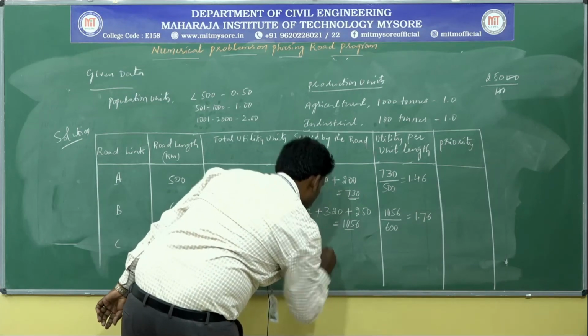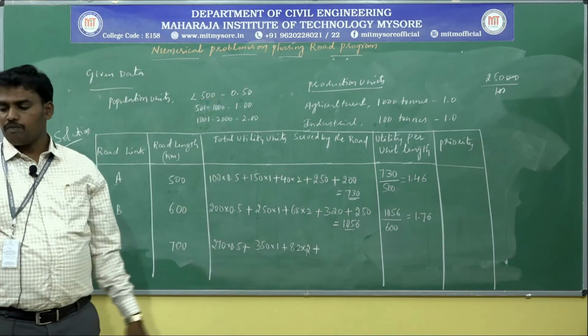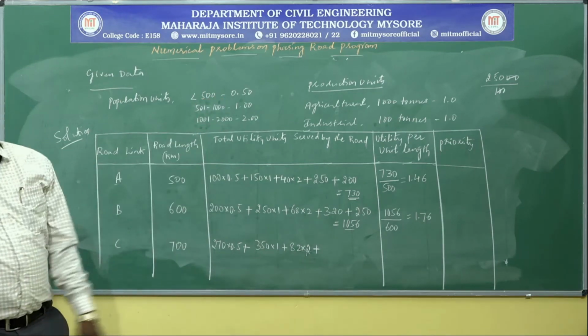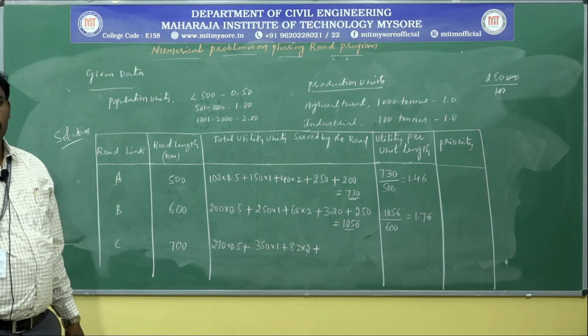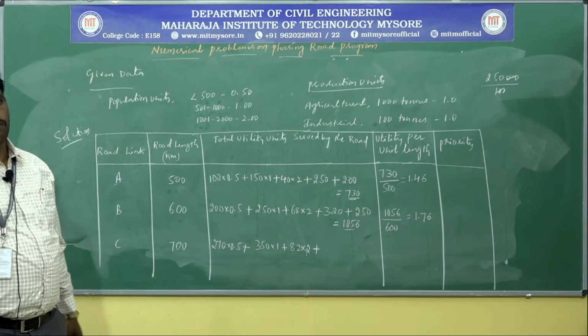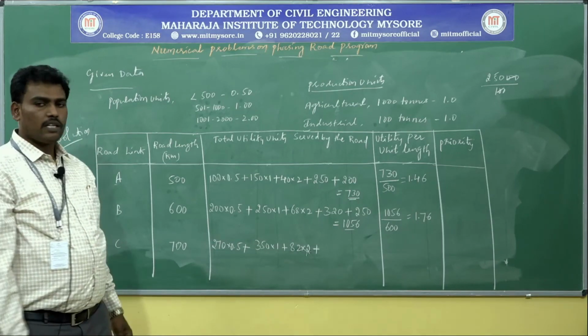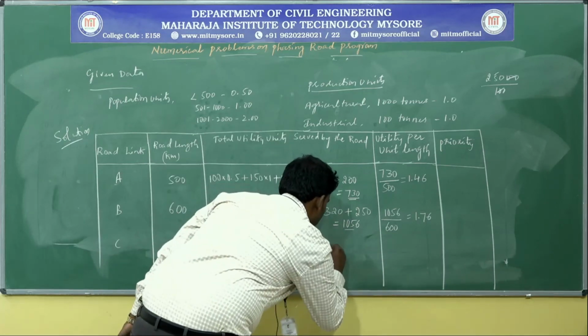Now we go for production units. First, agricultural production for road link C: they have given about 500,000 tons. 1,000 tons is equal to 1 unit of agricultural products, so 500,000 tons is equal to 500 units.